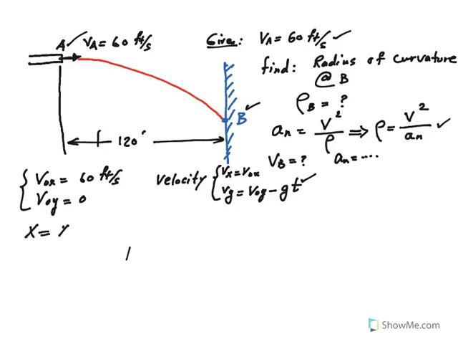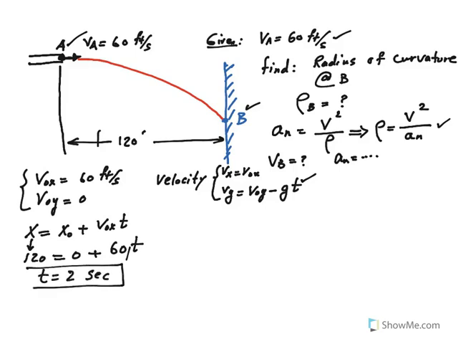Since we are given the horizontal distance between points A and B, we can use this equation. X is 120, if we pick our reference at A, x0 is 0 and v0x is 60. So clearly, it takes 2 seconds for the fluid to get from point A to B.